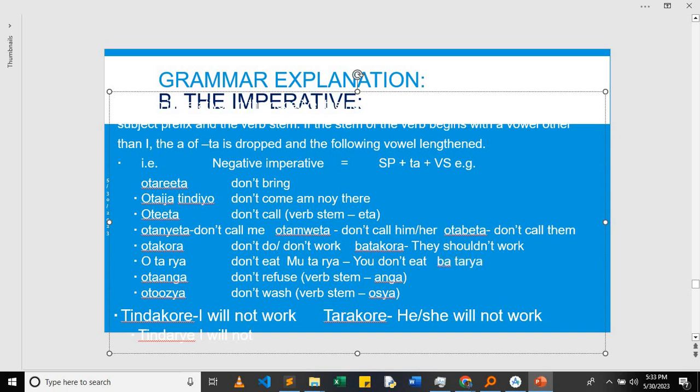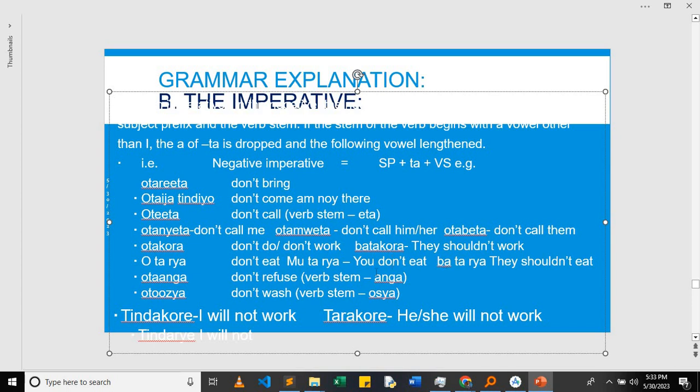Vatarya. They shouldn't eat. They don't eat. But this vatarya makes it shouldn't. They shouldn't eat. Vatarya.